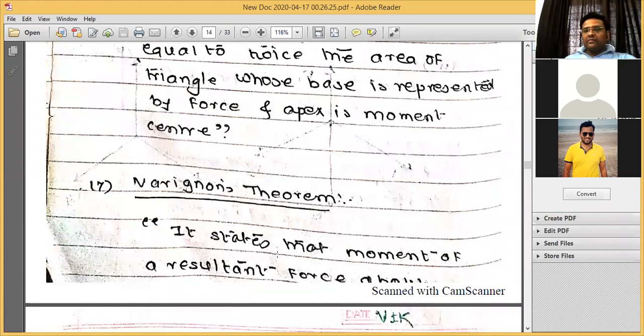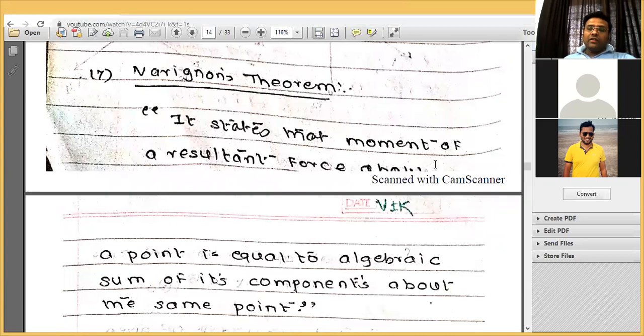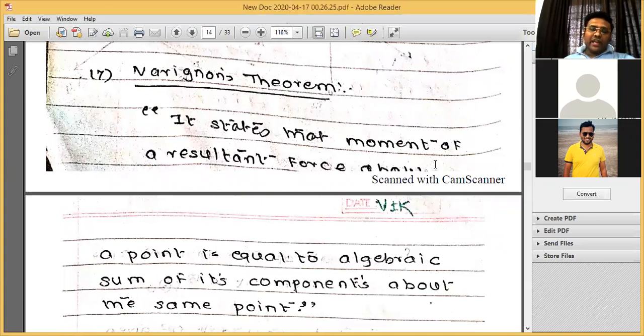Then comes a very important theorem which is known as Varignon's theorem. This Varignon's theorem is used for calculating for the GFS. As you know, if you want to calculate the line of action of a force, where it will be acting, for the GFS you should know the resultant force, and that resultant force is defined by magnitude, direction, and point of application.